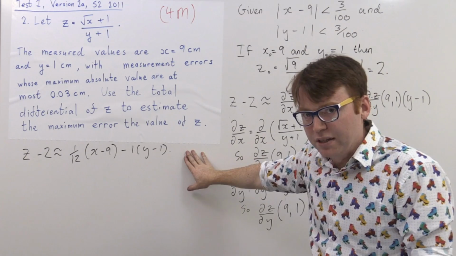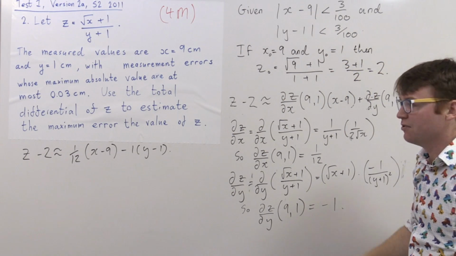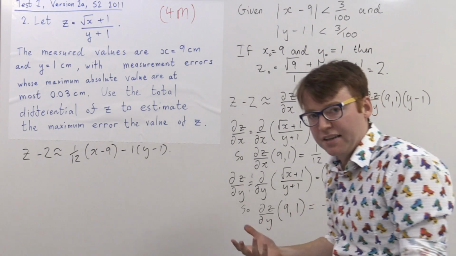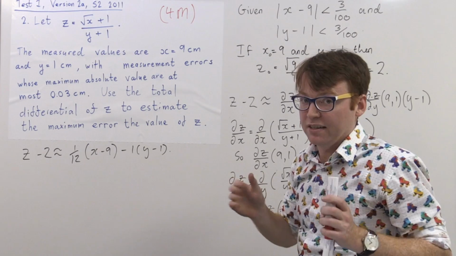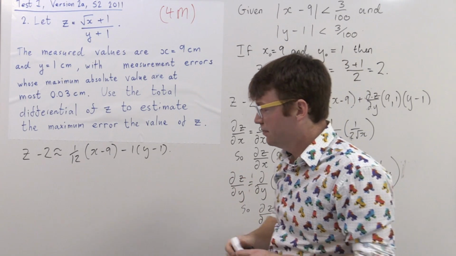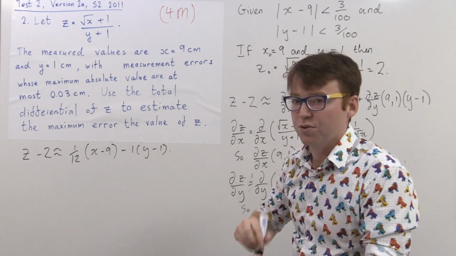What I need to do is somehow work in these. I don't have the difference between x and 9. I have the absolute value of x minus 9 and a bound on that. So I need to get my absolute values in here somewhere, and the way I'll do that is just use the triangle inequality.